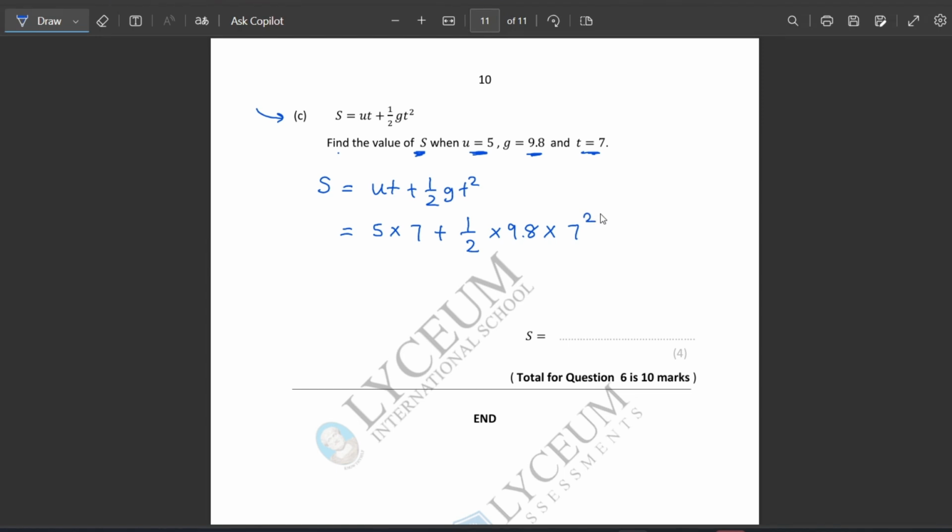So we can find the value easily. 10 times 7 plus 9.8 times 7 square. So the value is 275.